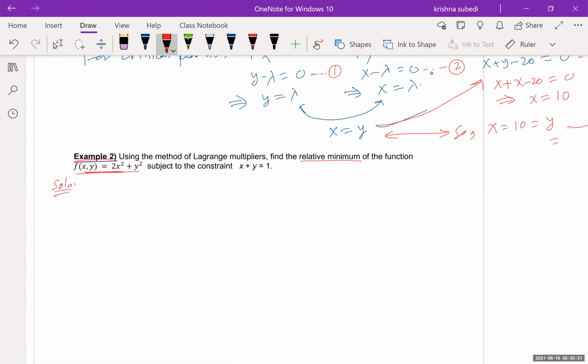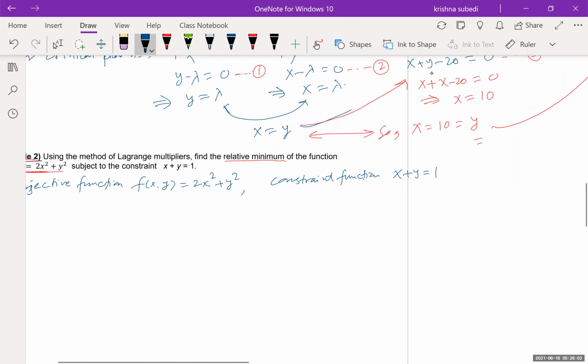All right, so the objective function equals 2x squared plus y squared. And the constraint function is x plus y equals 1.